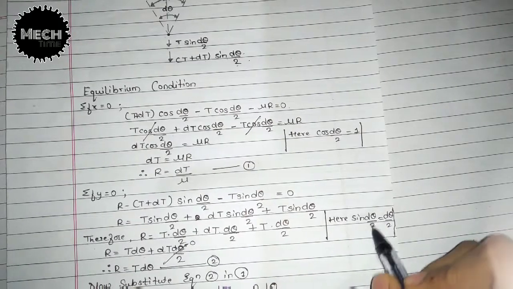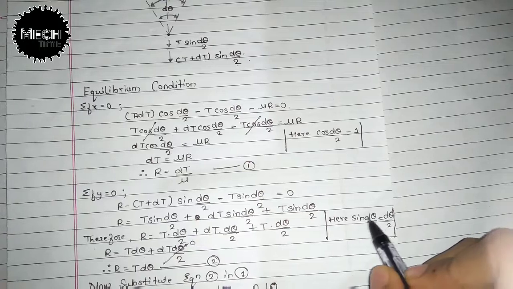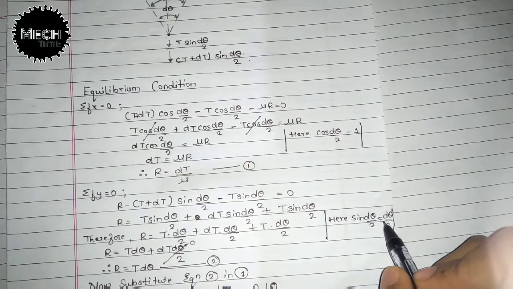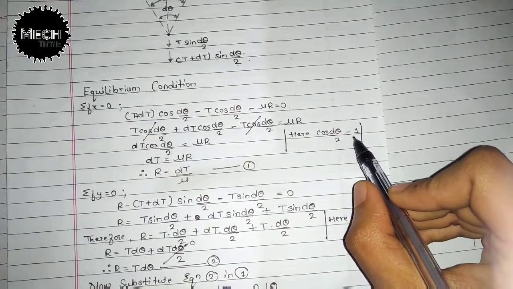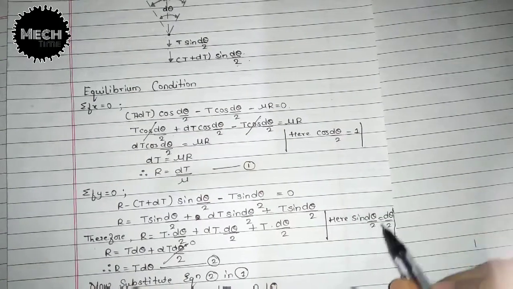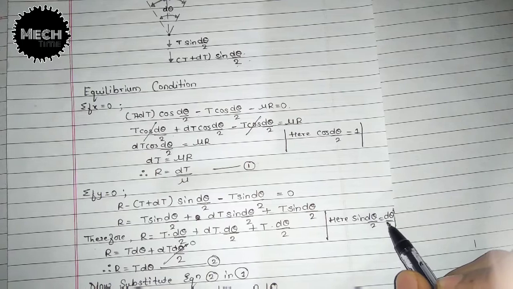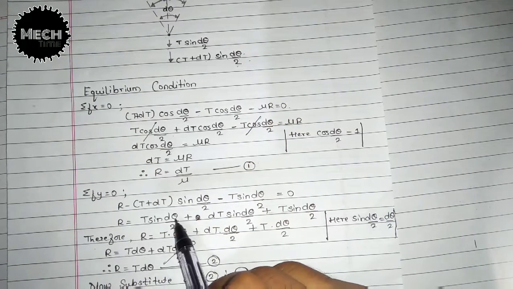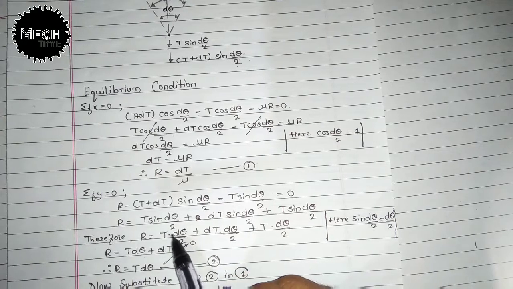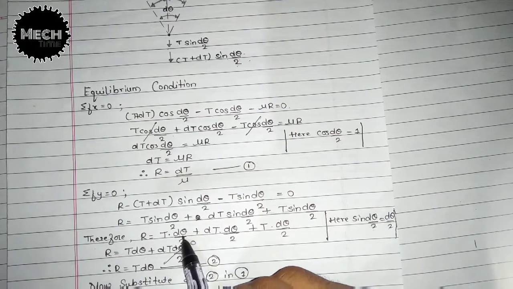It is also a very small value, so I have taken sin d theta by 2 as d theta by 2. Here we have taken cos d theta by 2 as 1. So wherever sin d theta by 2 is there, you have to write d theta by 2 in its place.